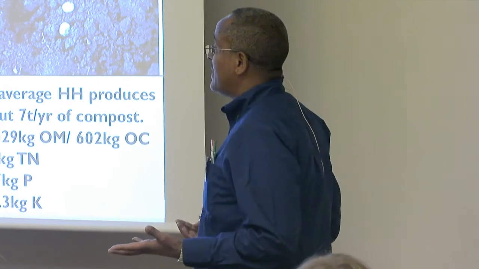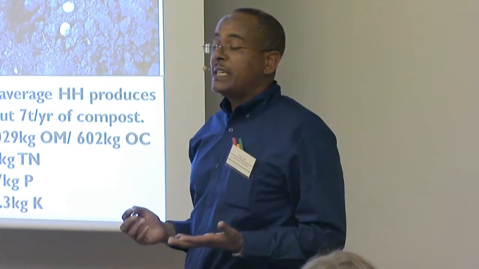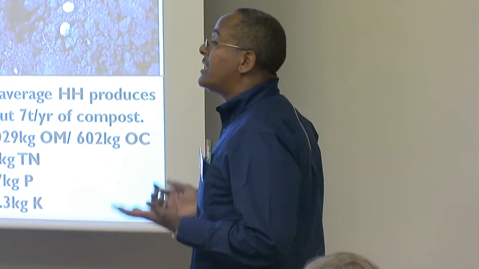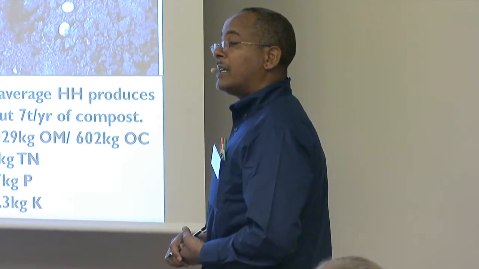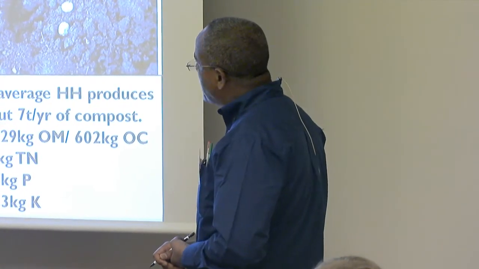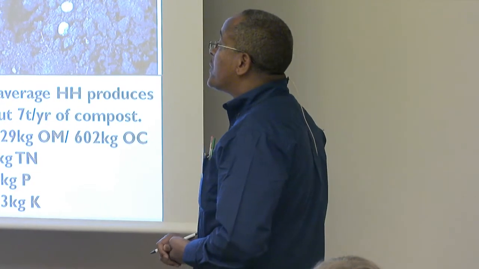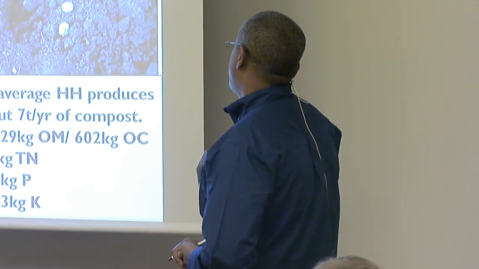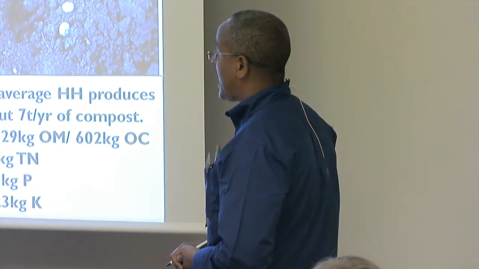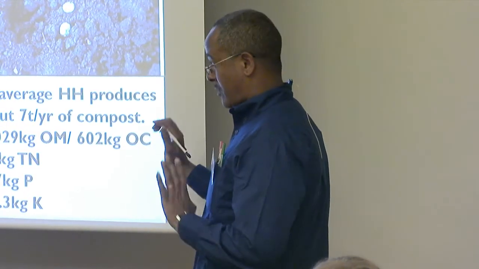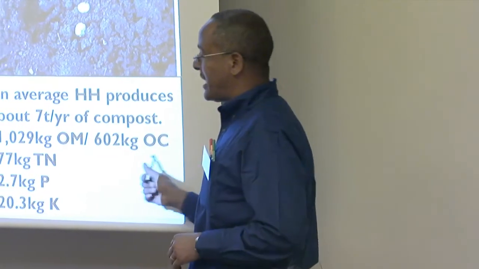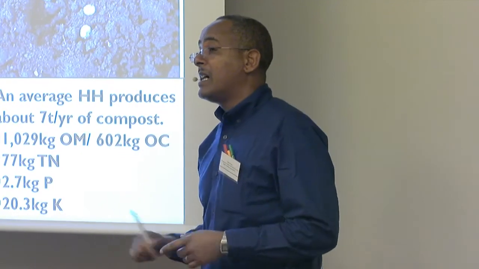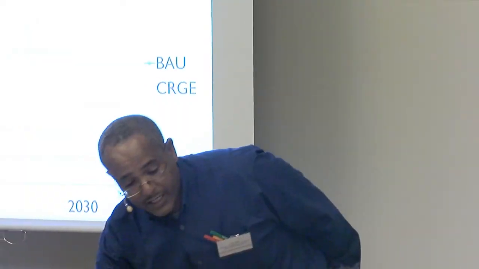Not only 7, it is about 28 to 30 tons. Then I calculated that about 2.4 tons of organic carbon is produced per family with biogas production.